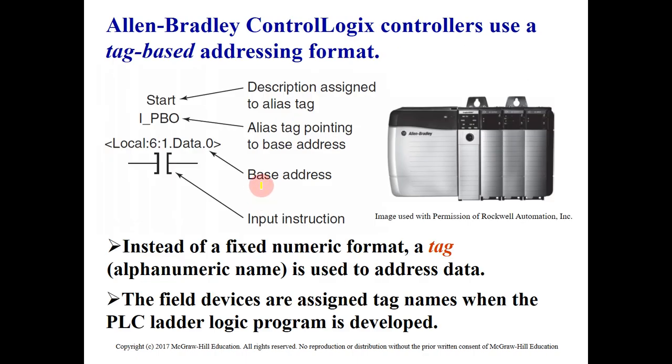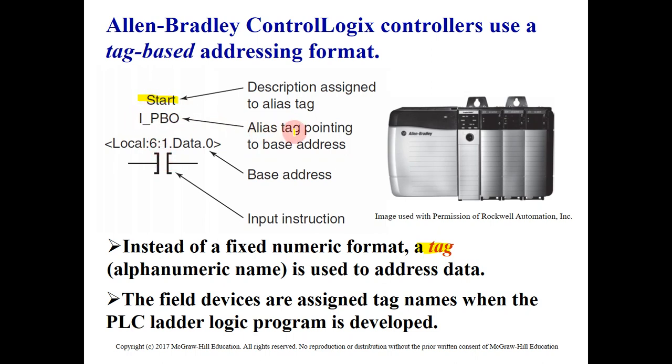Here are more details about tag-based addressing. We said previously that tag-based has one alias which is used by the developer or the programmer. He writes it to define what this instruction represents. For example, he writes here start push button.